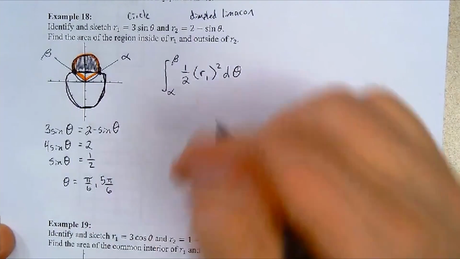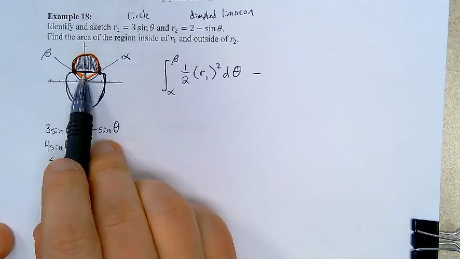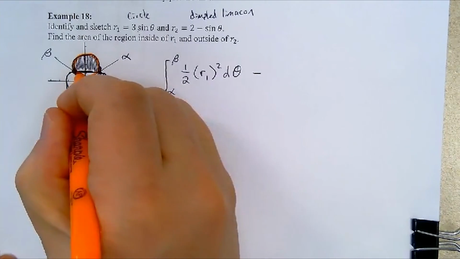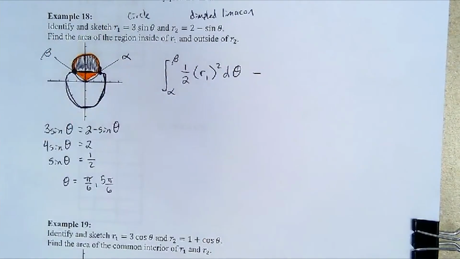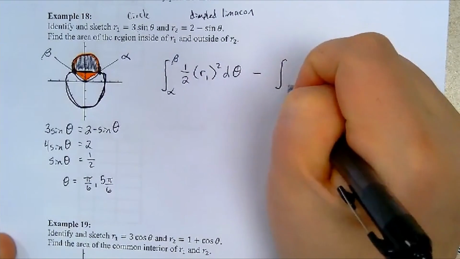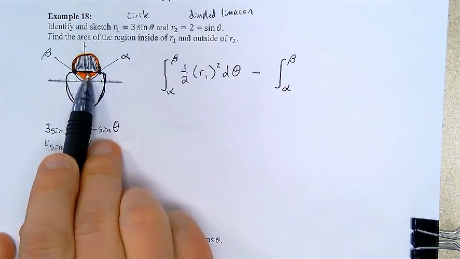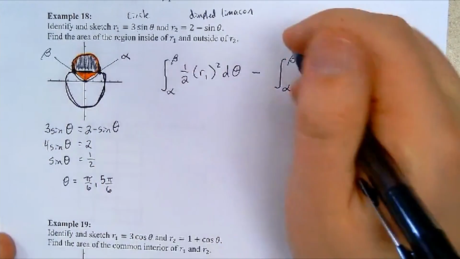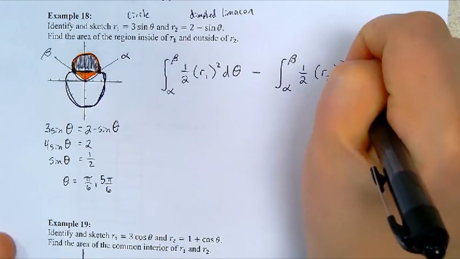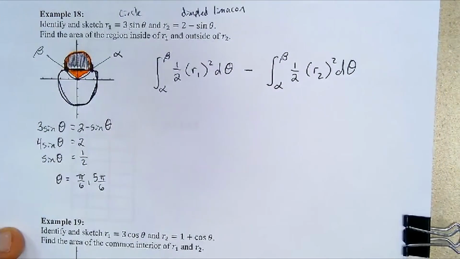And then we will subtract out that little triangular wedge that I'll highlight totally in orange. So that little triangular wedge would be defined from alpha to beta, and it is the edge of the radius defined from the dimpled limaçon. So this is the expression set up.